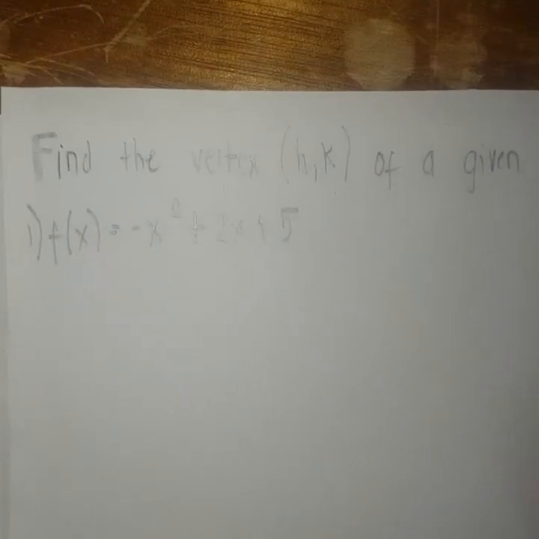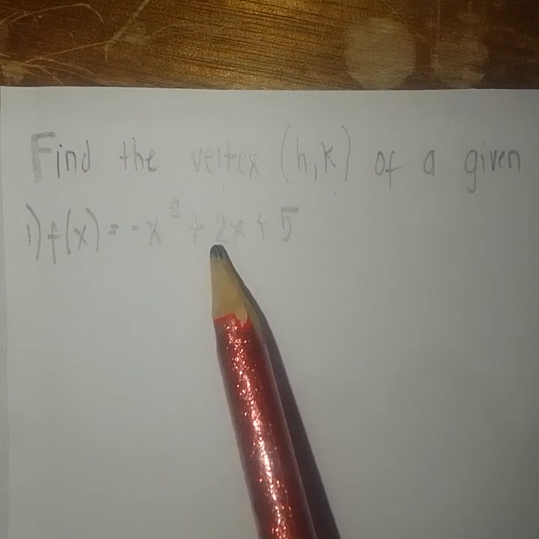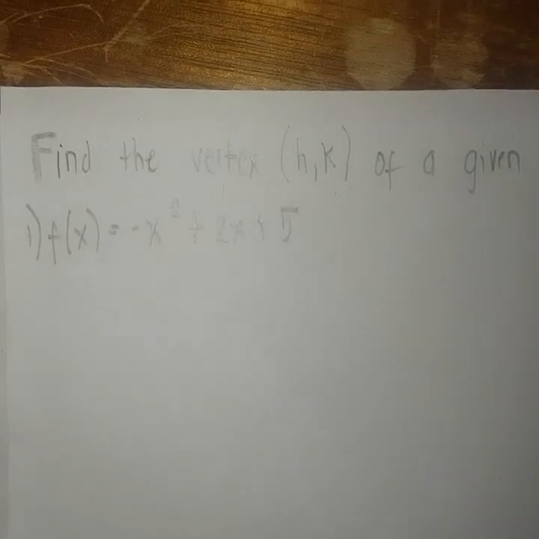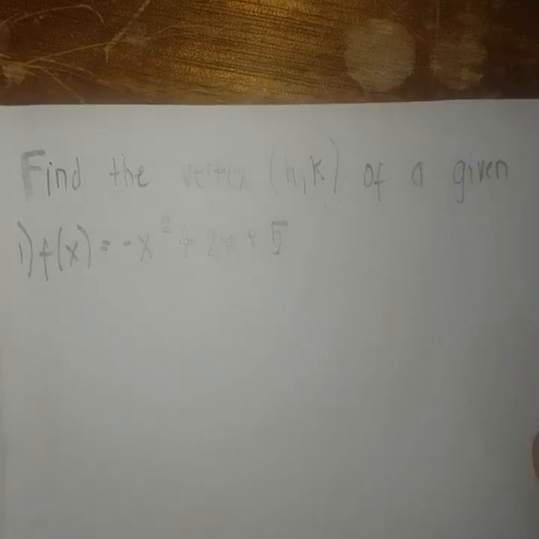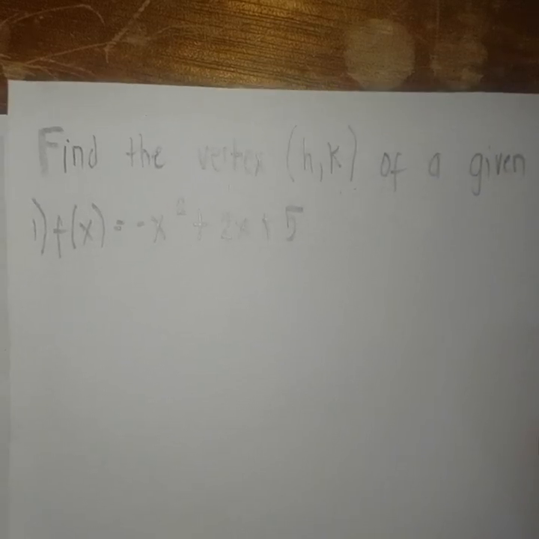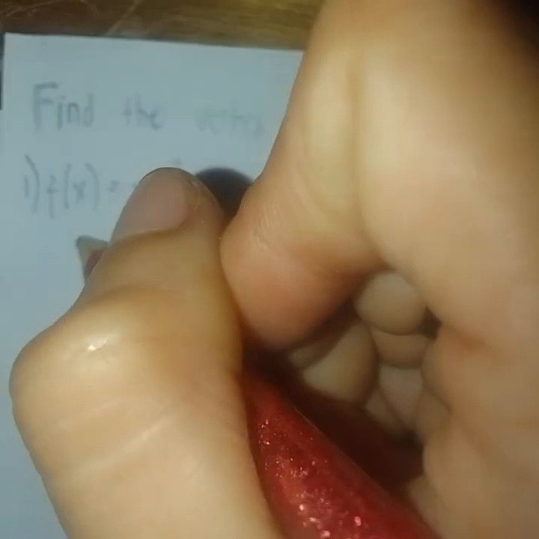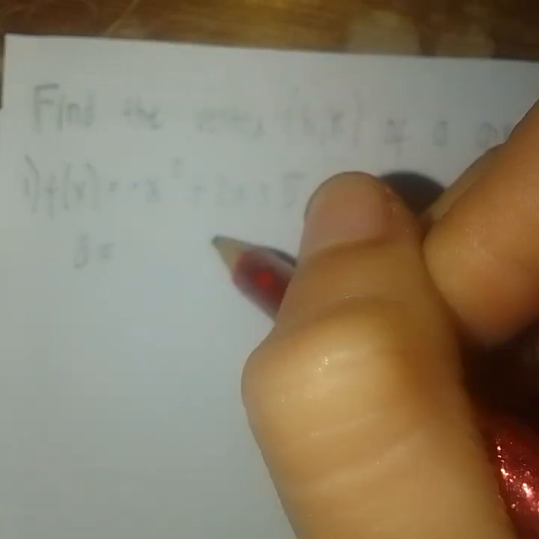So looking at our example, negative x squared plus 2x plus 5, yes, it is already in standard form. So now, we will proceed to our next step, which is to find the values of a, b, and c.